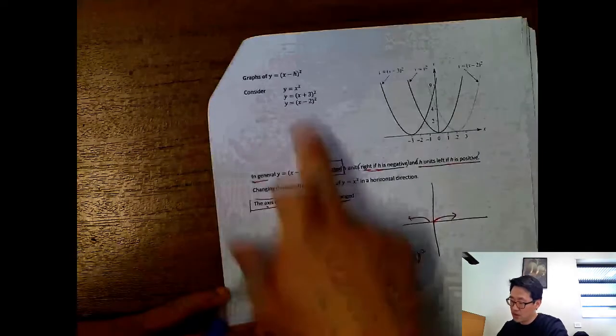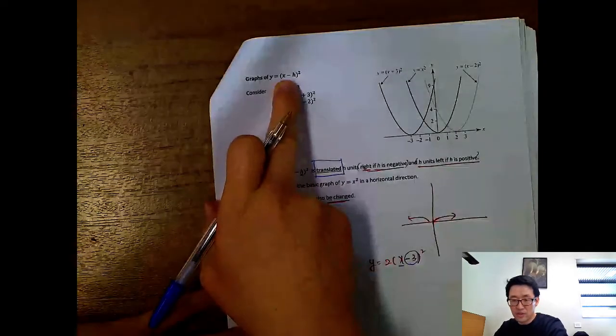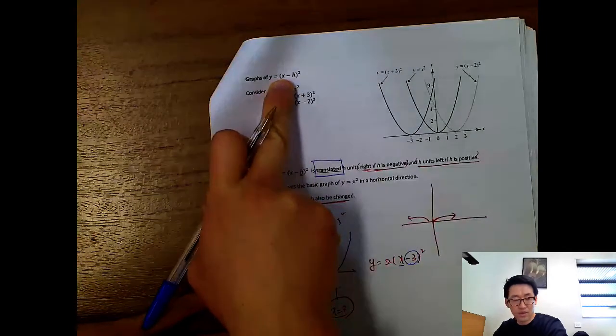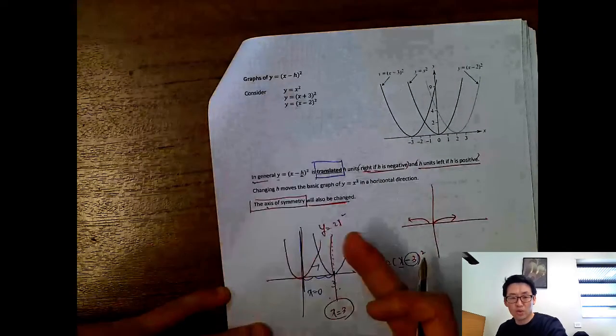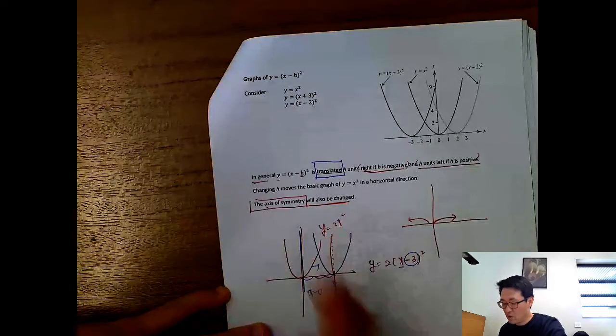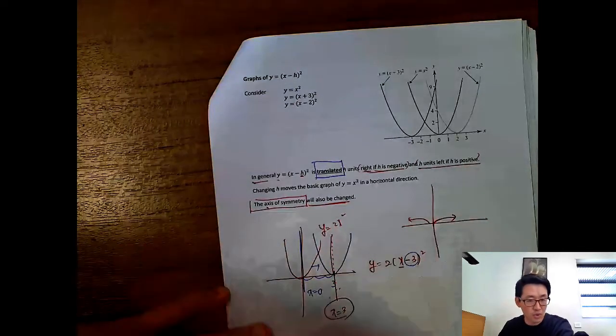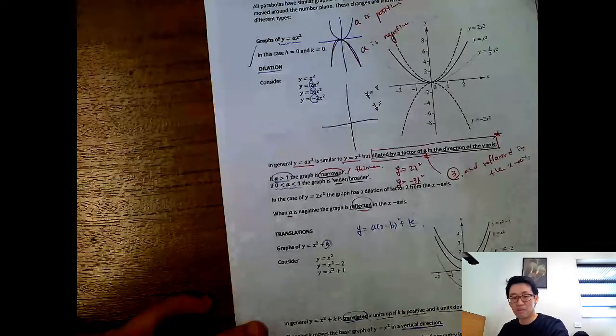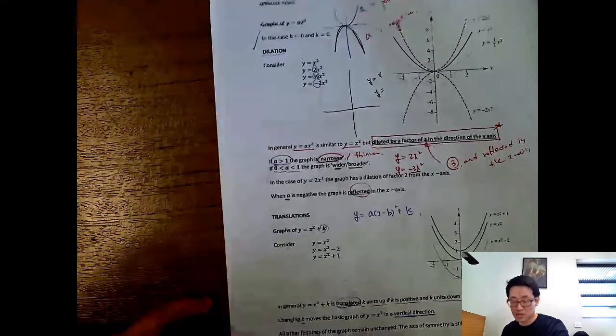The other way, this h value next to x moves it horizontally. Horizontally 2, horizontally negative 2. You can write it that way. You translate it vertically 2, positive 2, vertically minus 2. You can express it a different way.